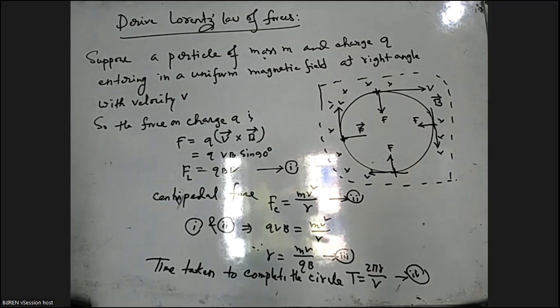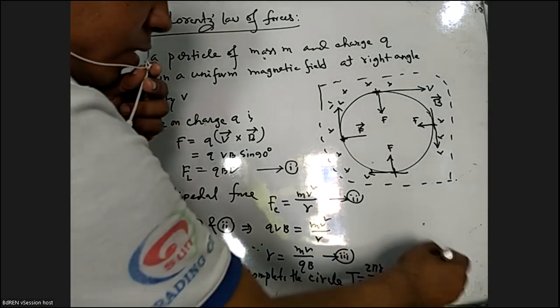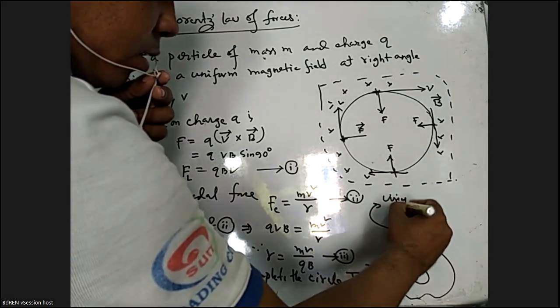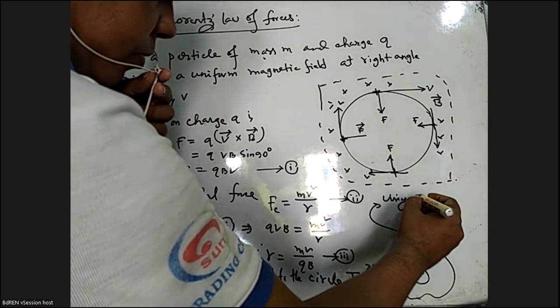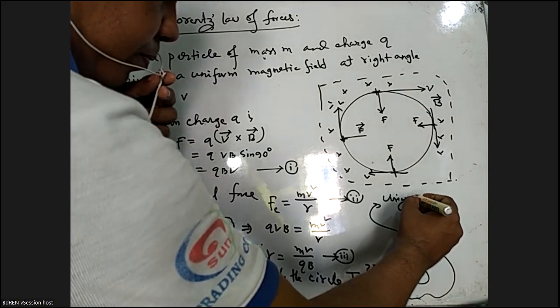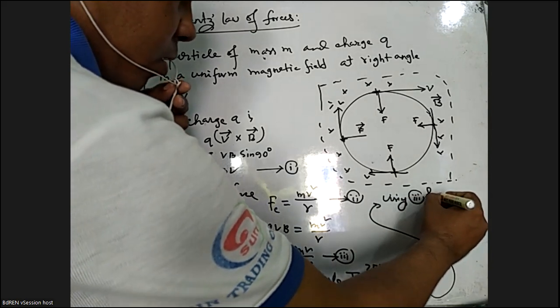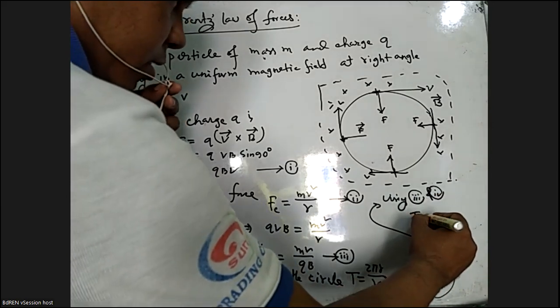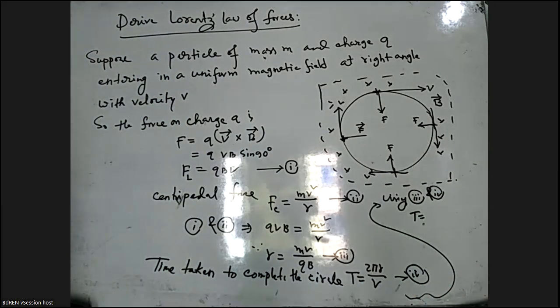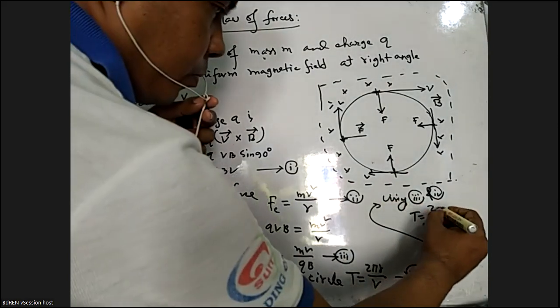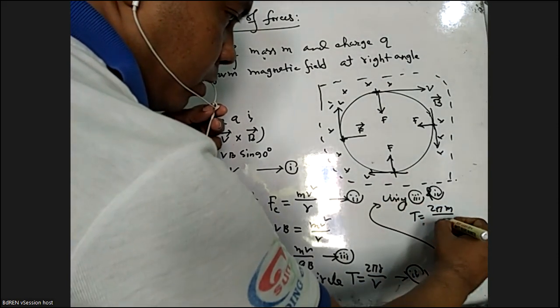So now using equations 3 and 4, we get capital T equals 2 pi m divided by qB.